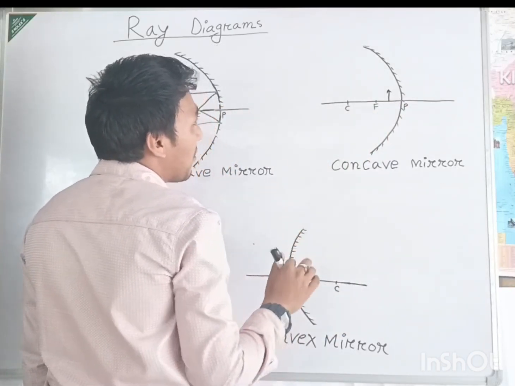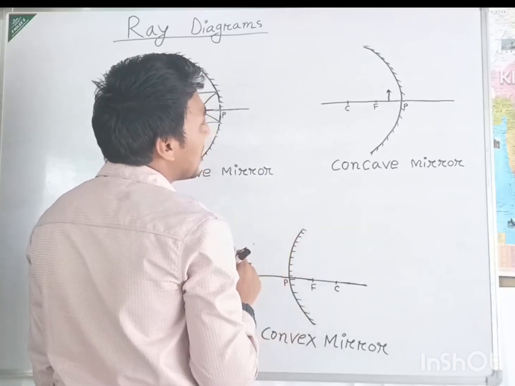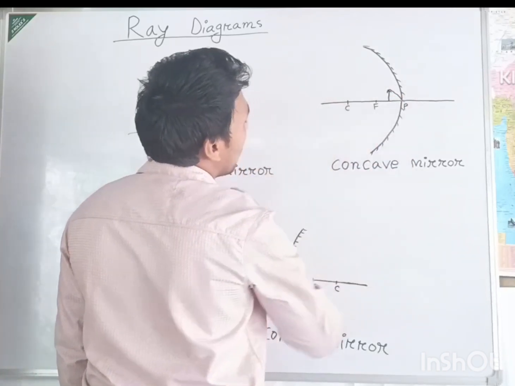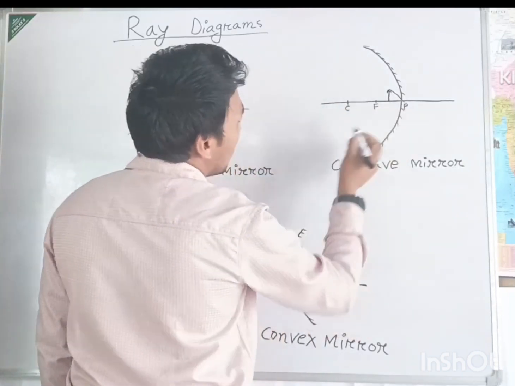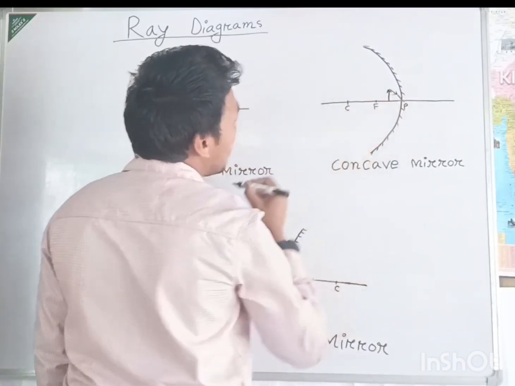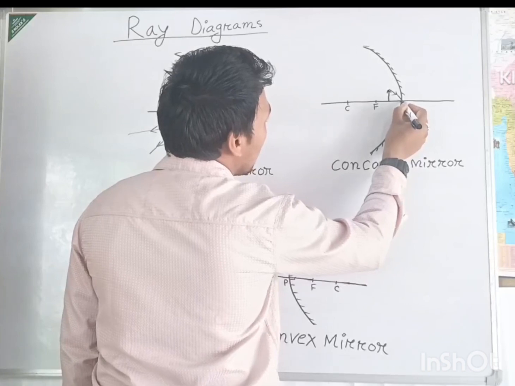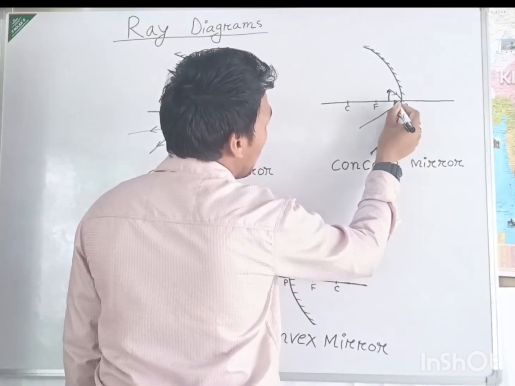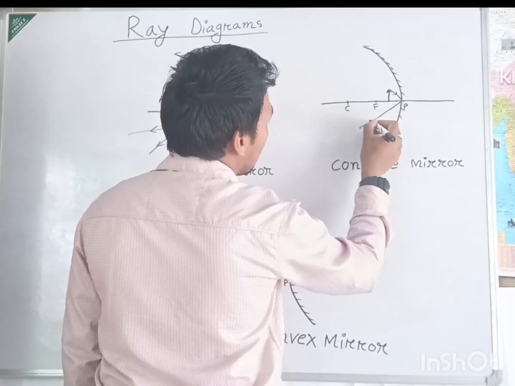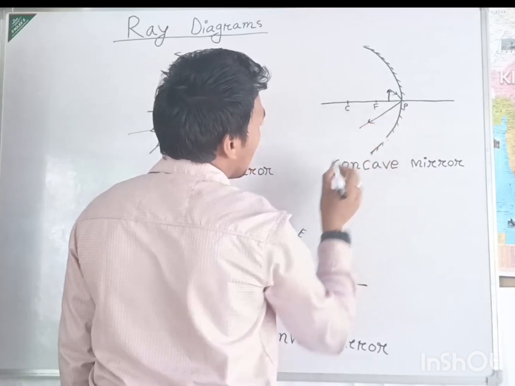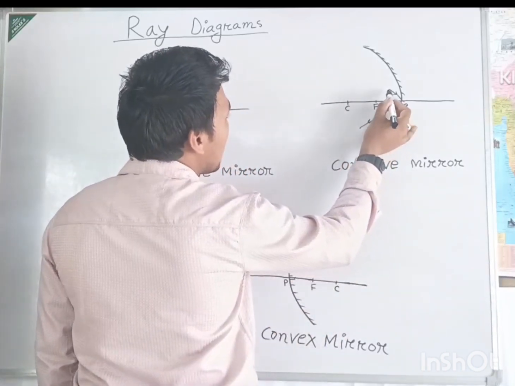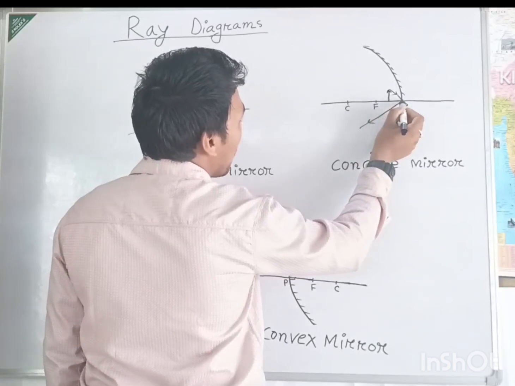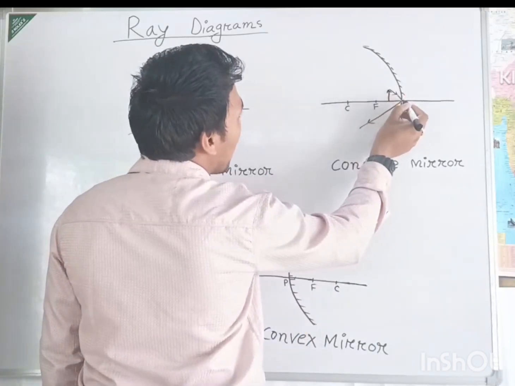Now we have got four rules, and in one rule it is written that when a ray is incident at the pole, then this ray will return back making an equal angle with the principal axis. I have passed this ray from the pole because in front of this object there is only one point, and that point is the pole.